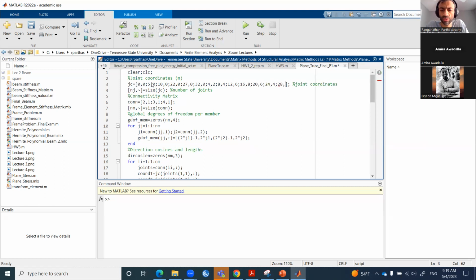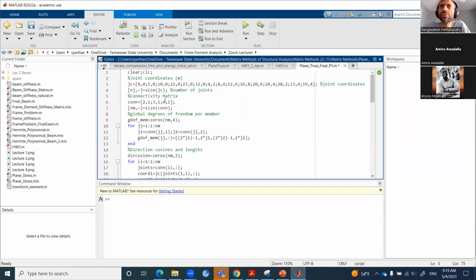Joint 13, 28, 2. Joint 14, 13, 4. Joint 15, 19, 4. That's all. Okay.